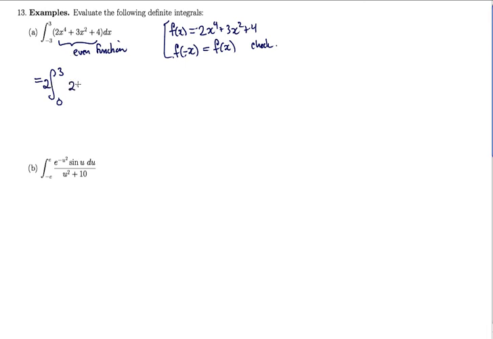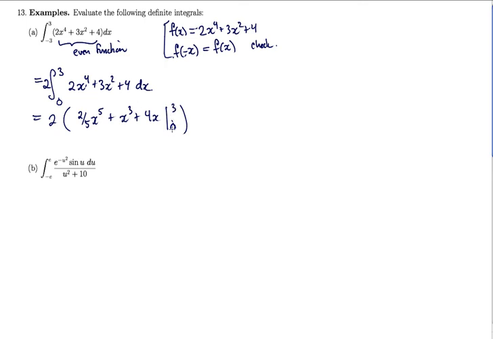And so I just need to look at integrating from 0 to 3 and multiply by 2. The integral of this would then be 2 times (2/5 x to the 5th plus x cubed plus 4x) from 0 to 3. At this point it's nice to notice that there was symmetry, because I'm going to have to plug the upper and lower limits of integration into the expression.